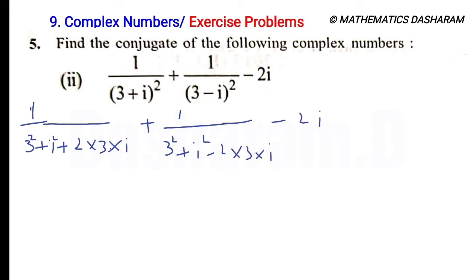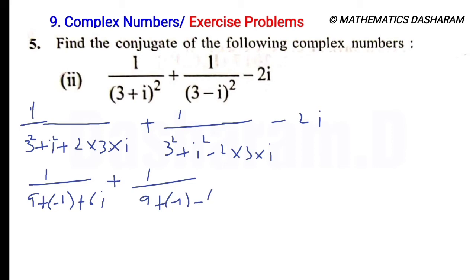So 1 by 9 plus i square, which is minus 1, plus 6i, plus 1 by 9 plus i square, minus 1, minus 6i, minus 2i. So 1 by 8 plus 6i plus 1 by 8 minus 6i, minus 2i.